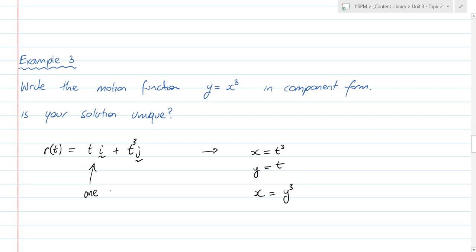Y equals t, so you sub in the y. Okay, this is one possible solution. There are multiple others. I'm going to leave it with you to see if you can come up with another.